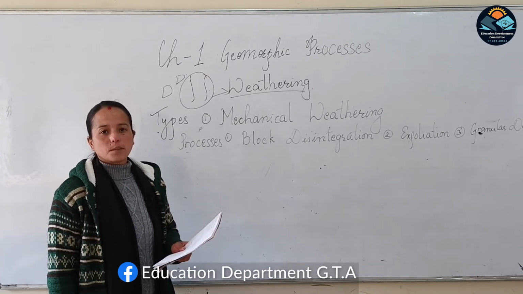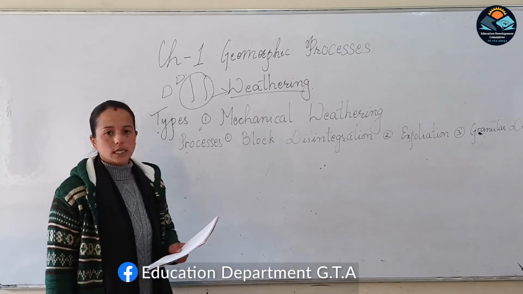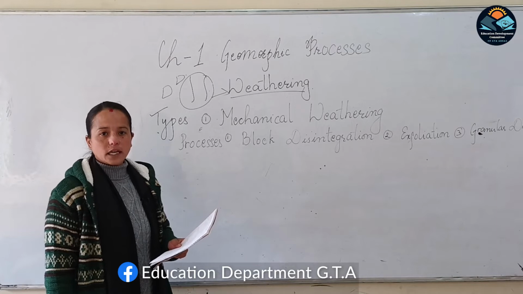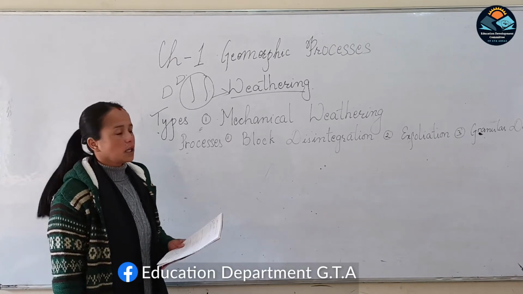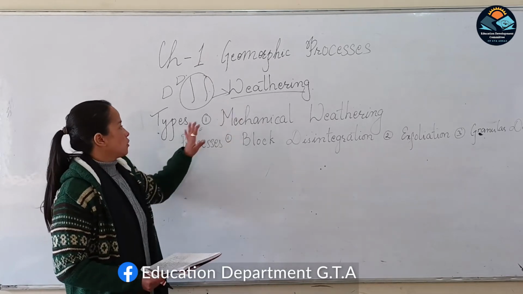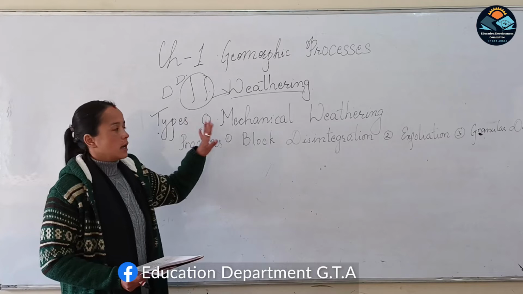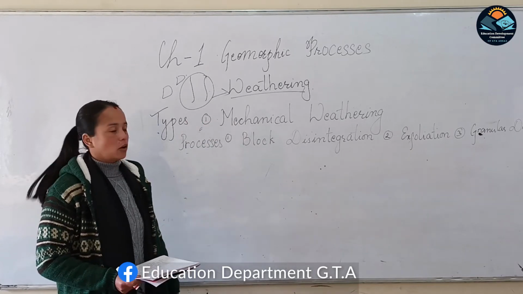Situ means in the place where they belong, in the place where they have originated, by agents like temperature, the heat from the sun, the rain, glacier, wind, etc. Weathering is of many types: mechanical weathering, chemical weathering, and biological weathering.